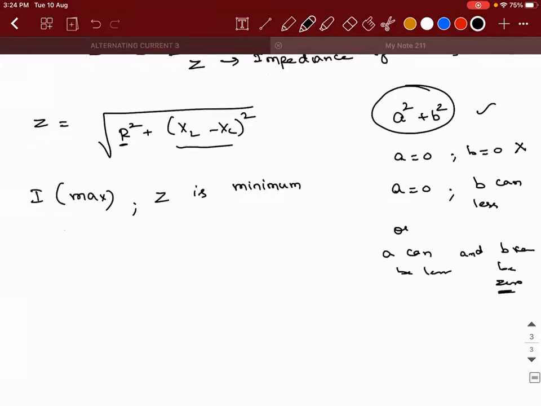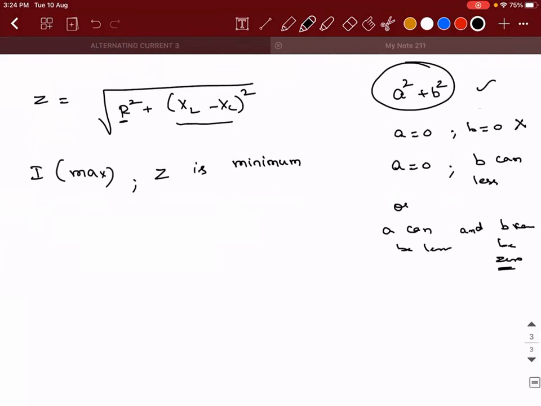When that is happening, it is observed that Z is minimum when XL minus XC is equal to 0. That is, B part is equal to 0, because you can define the impedance for any circuit only if it has resistance in it. So resistance cannot be made 0. Okay. So remember this point.